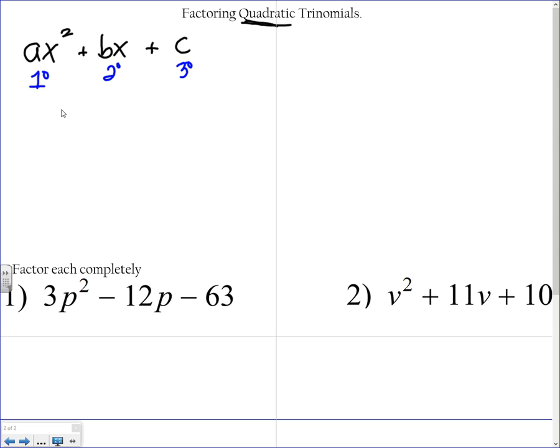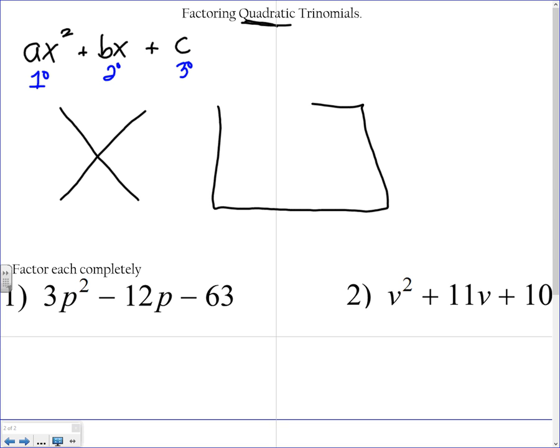So you put an X, then you put a box. We have used a box before when I put a 2 by 2 box. And then what you need to know is the following. Whatever you put in here is the first term multiplied by the third term. Right here is the second term.